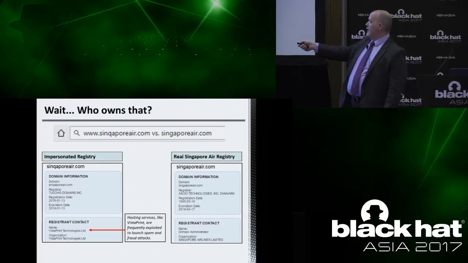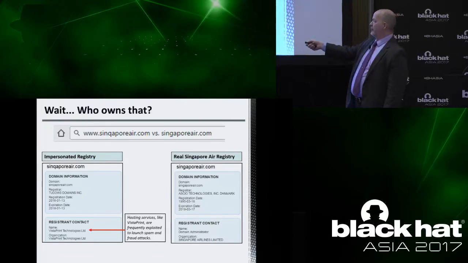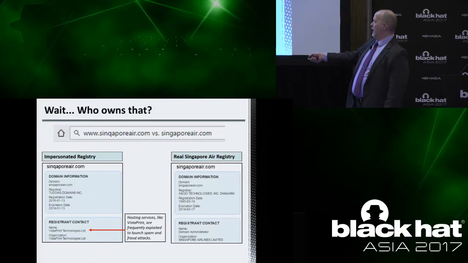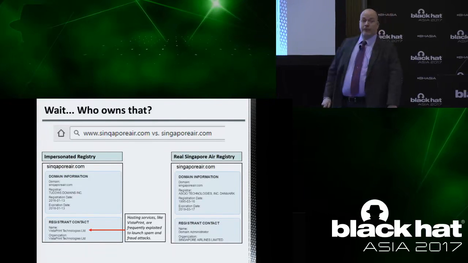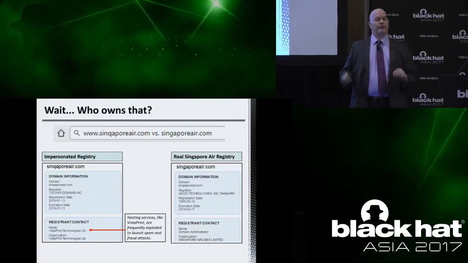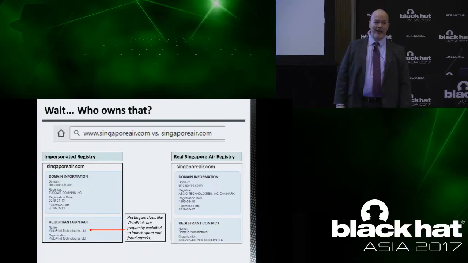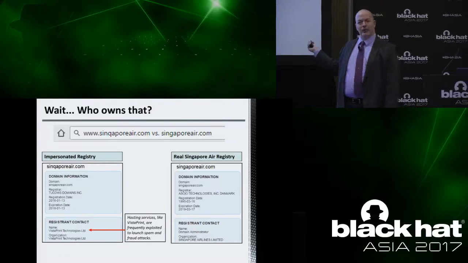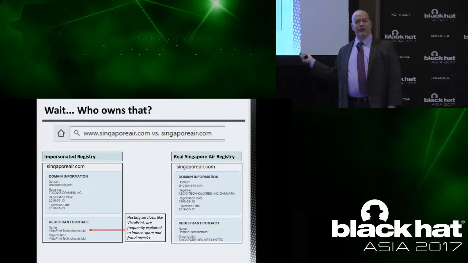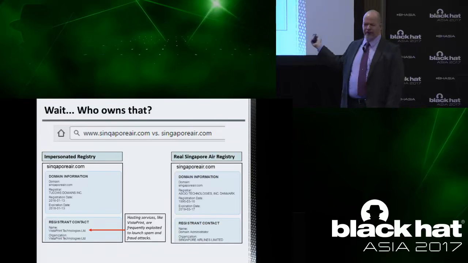If you go out to Singapore Air with the Q instead of the G, you can see that this is registered through 2 Cows and that the registrant name is Vistaprint Technologies. Right? Vistaprint, I would go as far as to call Vistaprint notorious for hosting scamming domains. If I see somebody who's put a lot of effort into setting up a fraudulent domain, Vistaprint is a Canadian company.